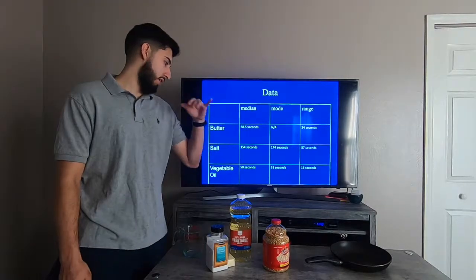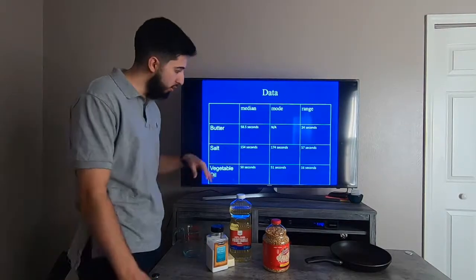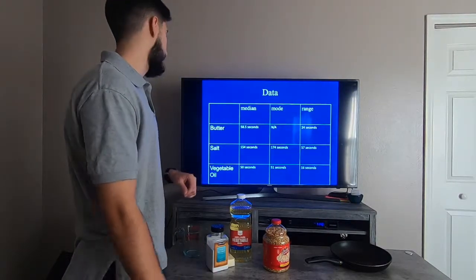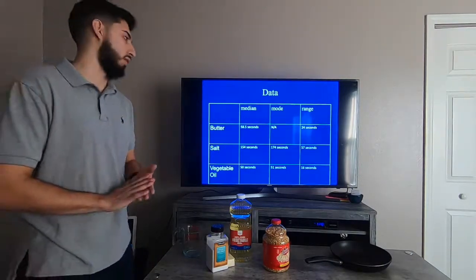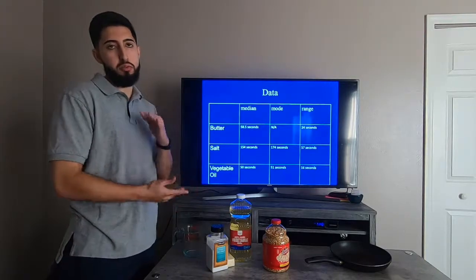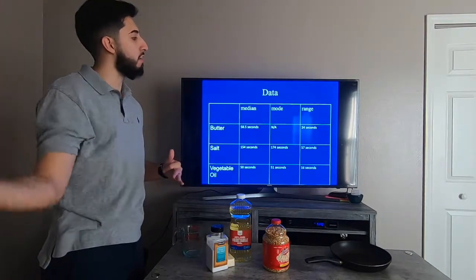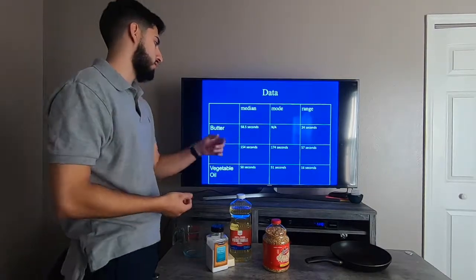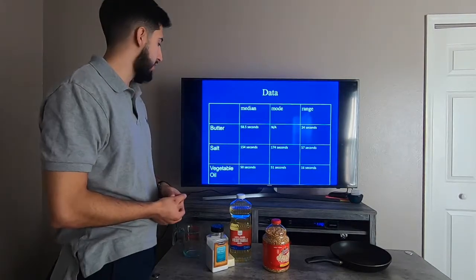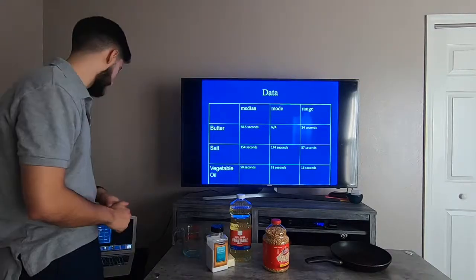We didn't have one for butter, but we did for salt and vegetable oil: 174 seconds for the salt, 51 seconds for the vegetable oil. And our range, so the difference between our highest value and our lowest value. For butter, it turned out to be 24 seconds. For salt, it turned out to be 57, and for vegetable oil, it was 16 seconds.